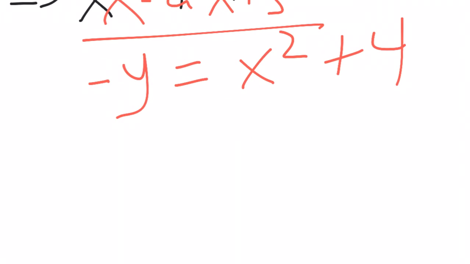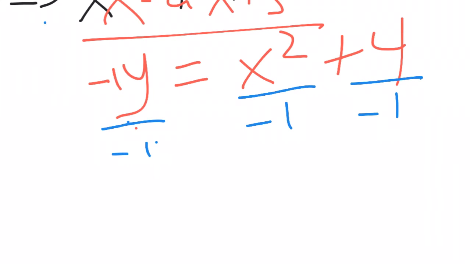To get rid of the negative in front of the y, remember, that's like having a negative 1 in front, you have to divide everything by negative 1. So that would give you y equals x squared divided by negative 1, which is negative x squared, and then positive 4 divided by negative 1 would be minus 4.